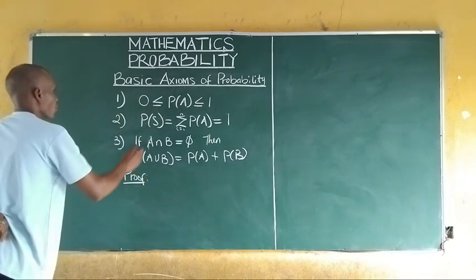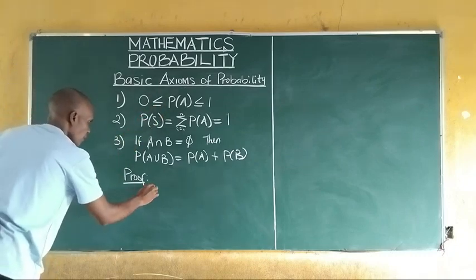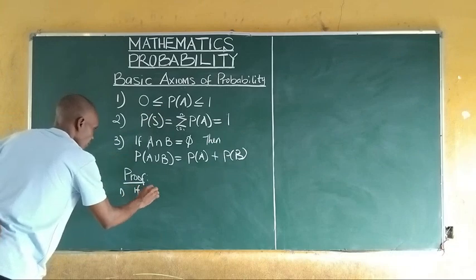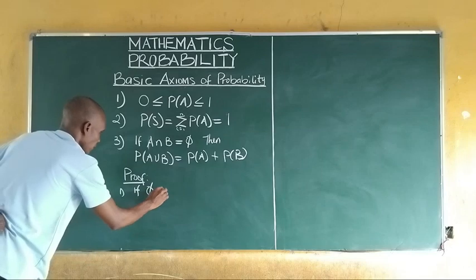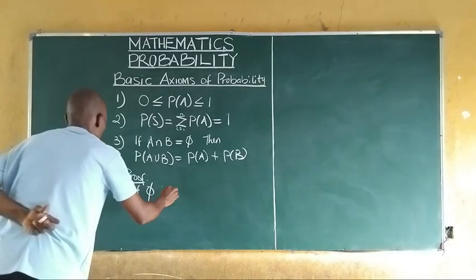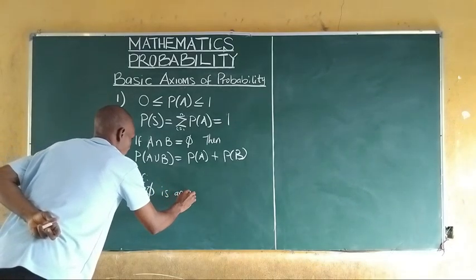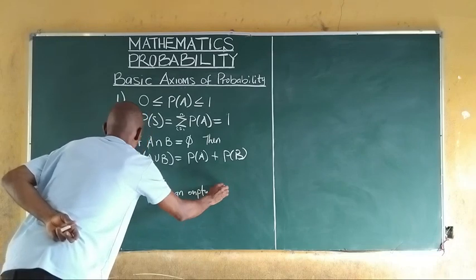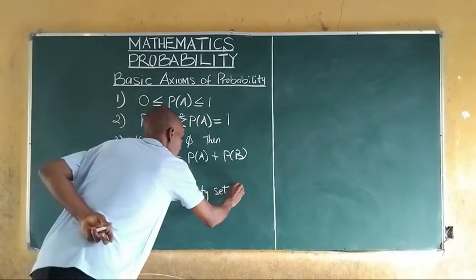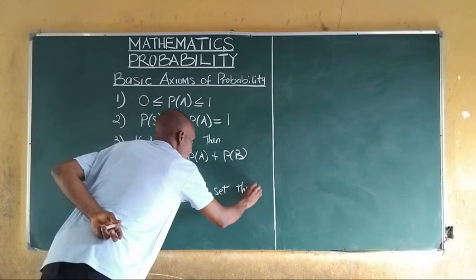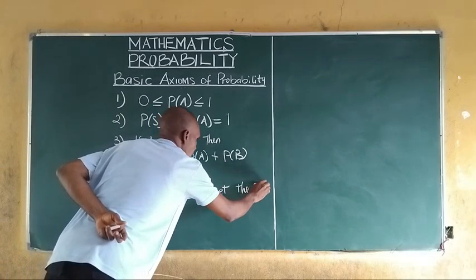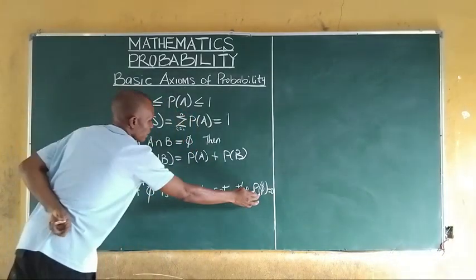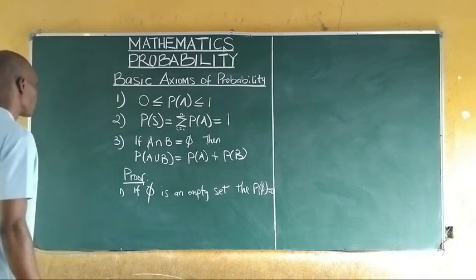For the first one, if phi is an empty set, then the probability of an empty set is equal to 0.